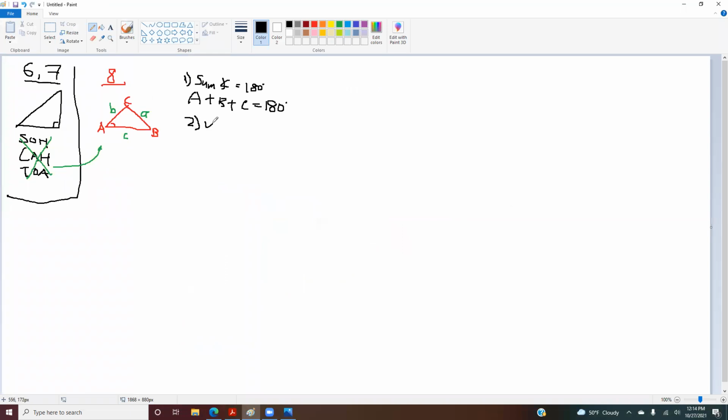Two, when we talk about word problems, yes, you will see quite a bit of word problems in section 8. Make sure that you know the meaning of alternate interior angles, or alternate exterior angles.